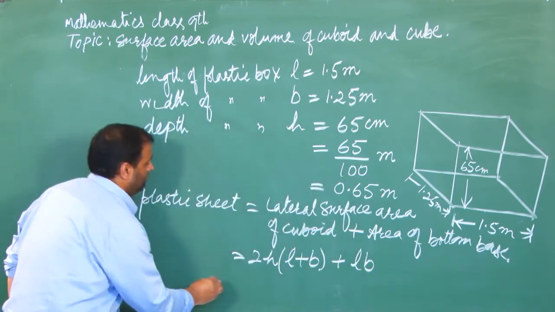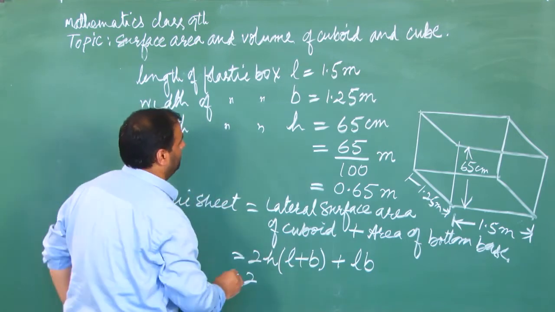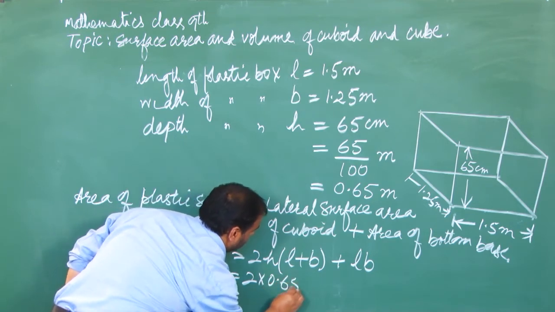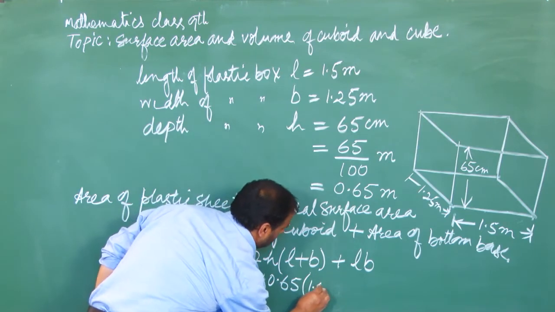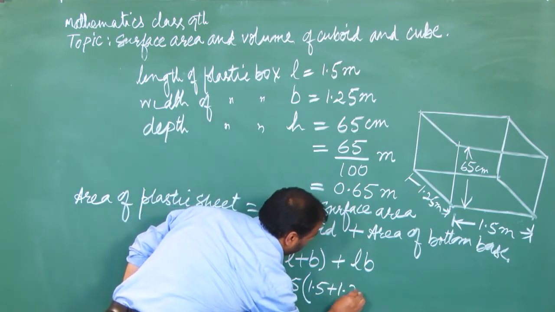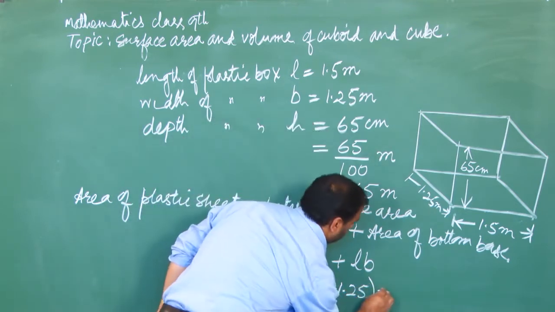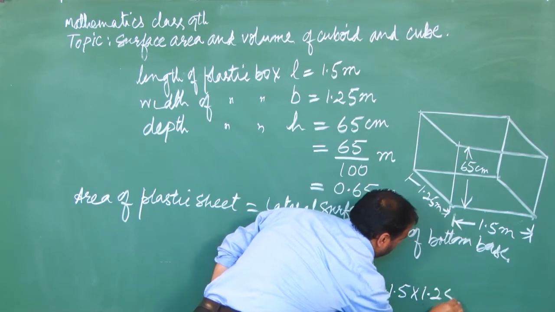So, put the numerical values in the formula. 2 into 0.65, and length is 1.5, breadth is 1.25, plus length into breadth, 1.5 into 1.25.